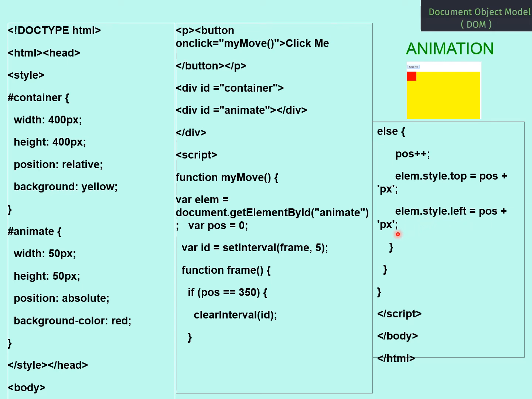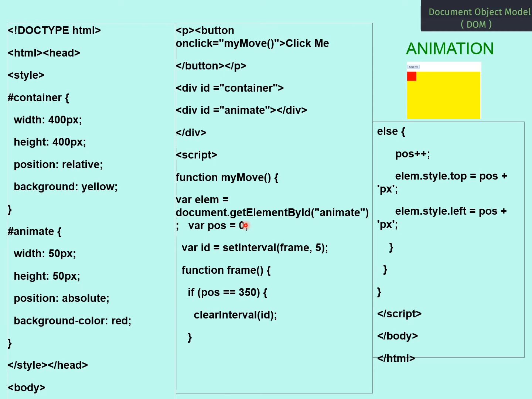So here what happens is, whenever this particular frame function is called, its position value, initially it is 0, specifies the top left corner of the yellow div area, and whenever the position is incremented, it is incremented in two ways, top wise as well as left wise.